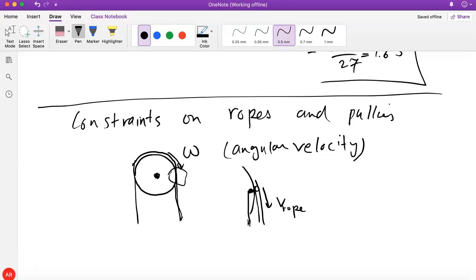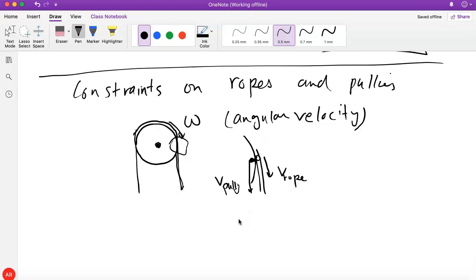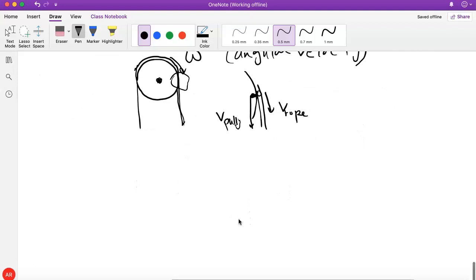The point that belongs to the pulley also has some velocity there. If there's no slipping, they're moving together, so these two velocities must be the same, because if they had different velocities, they would slide or slip.